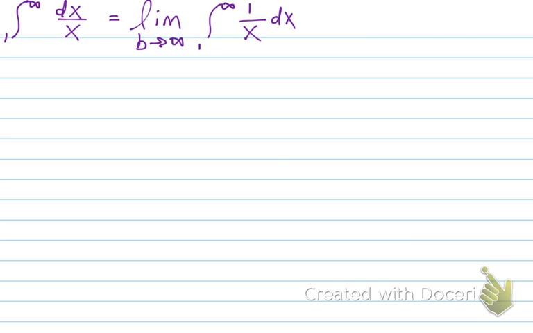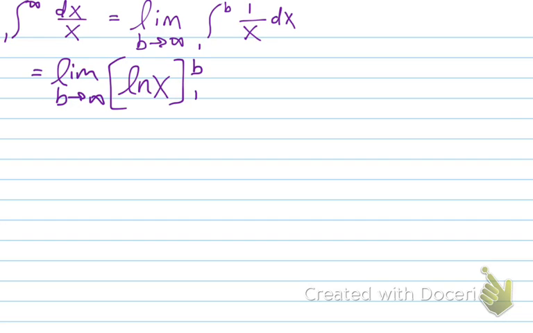Oh, actually, I'm sorry. Let me fix this. This should be a b, not an infinity. There we go. And now I can take the integral of 1 over x. I know that the integral of 1 over x is ln of x. So I have the limit as b approaches infinity of ln of x from 1 to b.